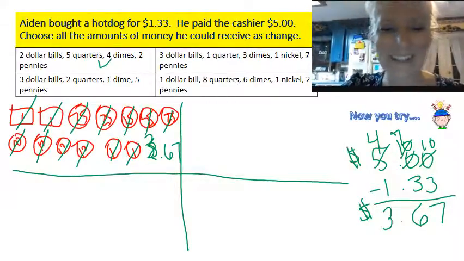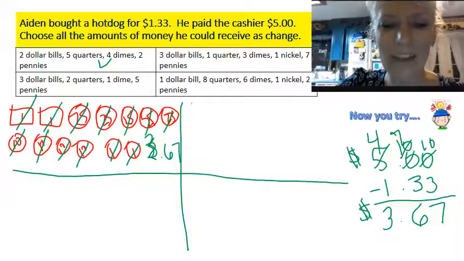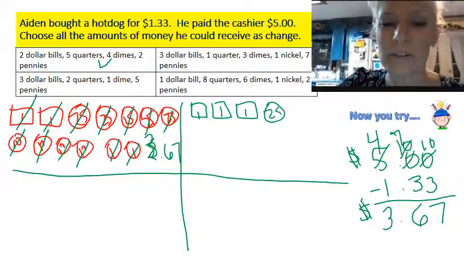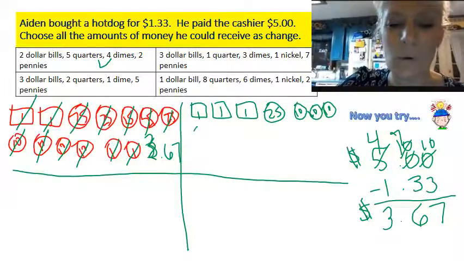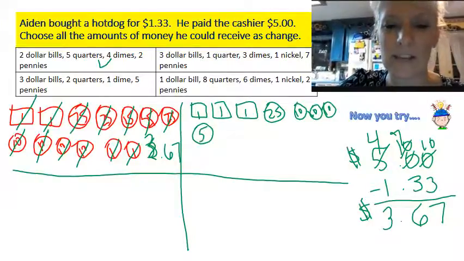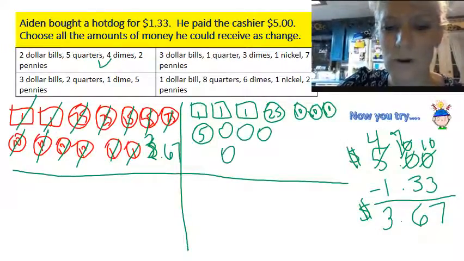All right, let's try the next one. We have $3, 1, 2, 3, 1 quarter, 25, 3 dimes, 1, 2, 3, 10, 10, 10, 1 nickel, which is 5, and 7 pennies, 1, 2, 3, 4, 5, 6, 7.